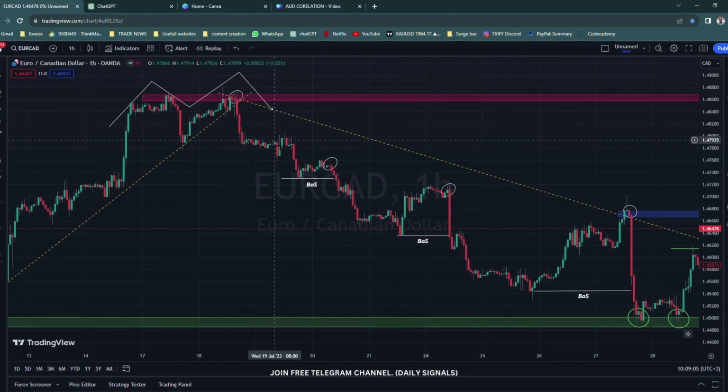We are seeing break of structures right here. There is a support that is broken, which indicates that there is a continuation in the downward trend, and we see another support being created right here. Do not exit your positions until you see a change of character, which means the price will go up and break the previous resistance. So we see a support created right here, and then price breaks again.